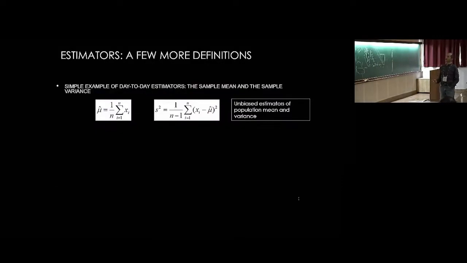One example of an estimator that you use day to day is the sample mean. The sample mean gets written with a hat because it is an estimator, and it is just a statistic, a statistic that doesn't depend on parameters; it's just a function of the data that you got. And the sample variance, S squared, is the sum of the squared deviations from the estimated value of mu, multiplied by 1 over n minus 1.